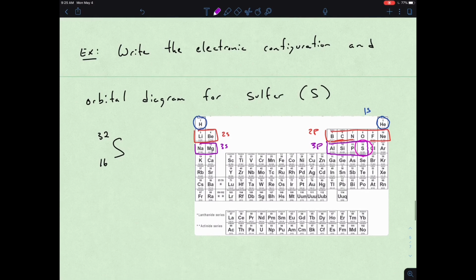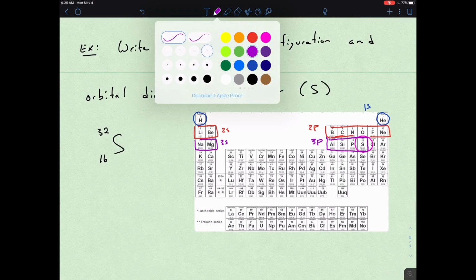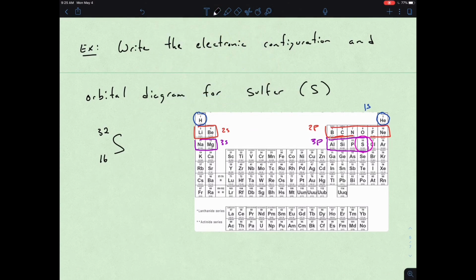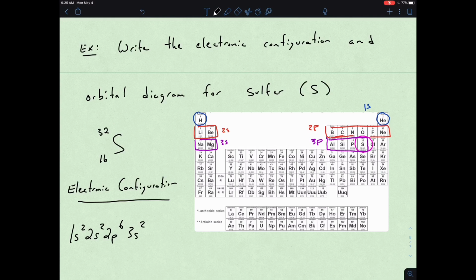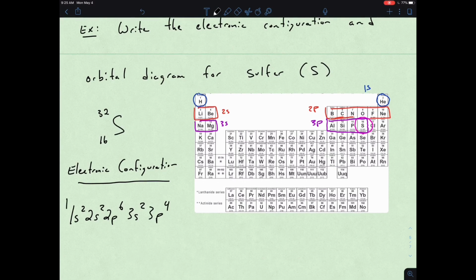So if we are to write its electronic configuration, that would be 1s2, 2s2, 2p6, 3s2, 3p4. So that is the electronic configuration for sulfur.